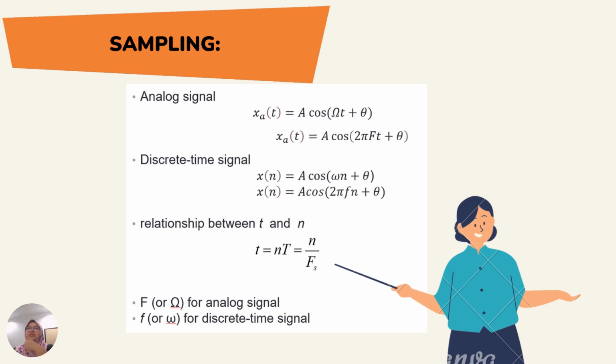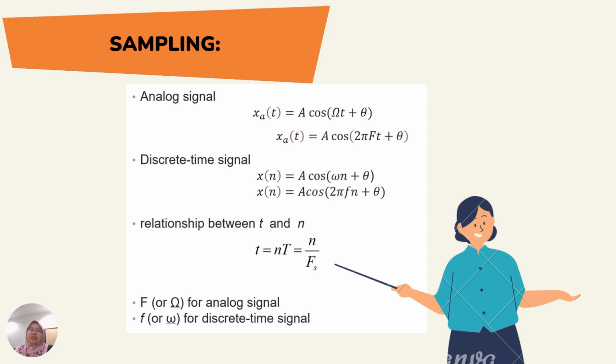The sampling process. We know that the analog signal is given by x_a(t) equals A cos(capital omega t plus theta), where theta is the phase. Capital omega is defined by 2 pi capital F. The discrete time signal is given by x(n) equals A cos(omega n plus theta), and the small omega is also defined as 2 pi f.